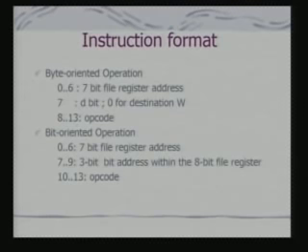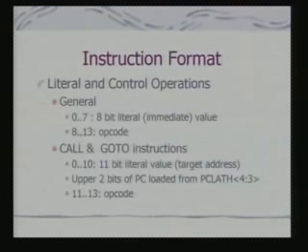For the bit oriented operation, the interesting feature is that using 3 bits, you can specify exactly the bit number which is to be checked or modified in the file that you have specified in the address. Here also, bits 10 to 13 are used for the opcode. In literal and control operations, the structure is slightly different.